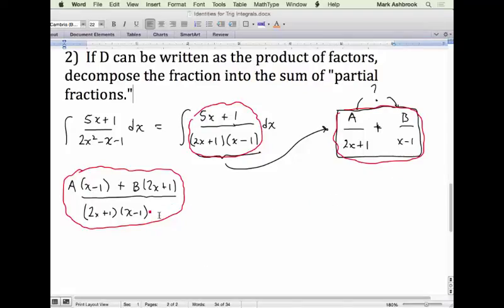Well, I've got the denominators the same, so I just need to get the numerators the same. So I need a times x minus 1 plus b times 2x plus 1 to equal 5x plus 1. And then I've got it.